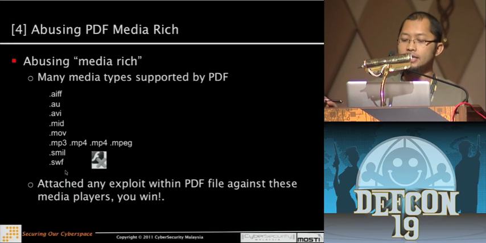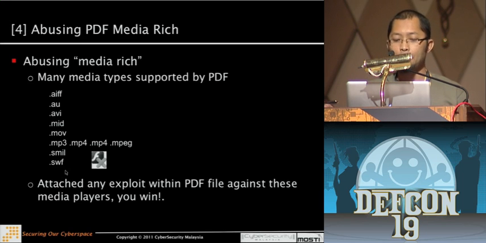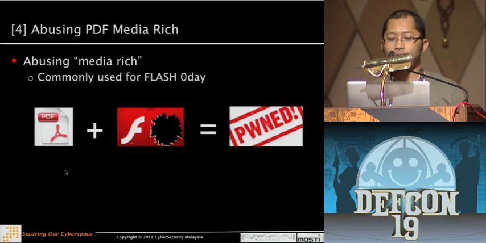So if you attach an exploit within the PDF file against this media player, well, you normally win, because people are not really suspicious of clicking on a PDF, rather than clicking on an MP3 or .mov that comes over your email or something. Okay.